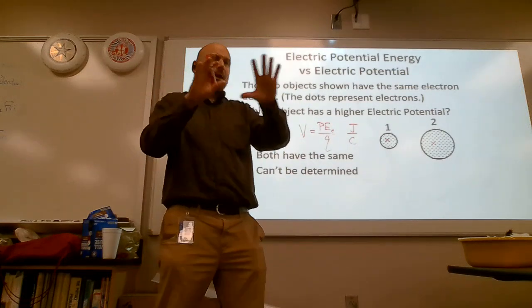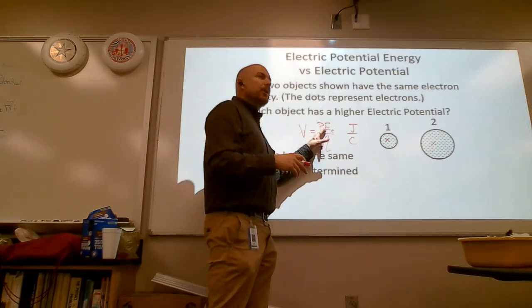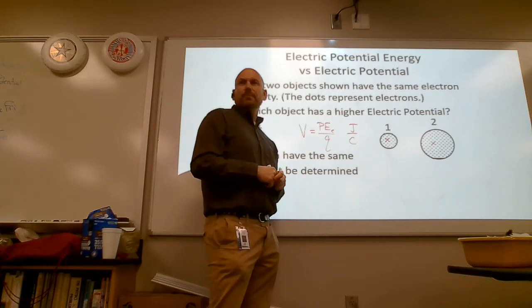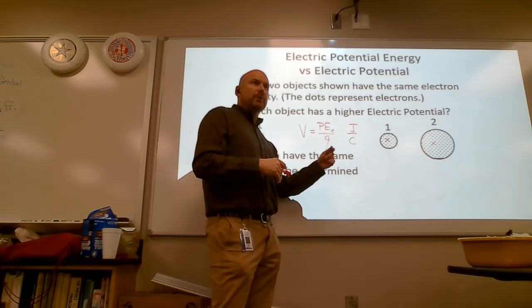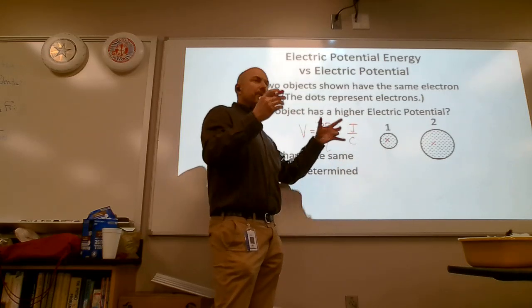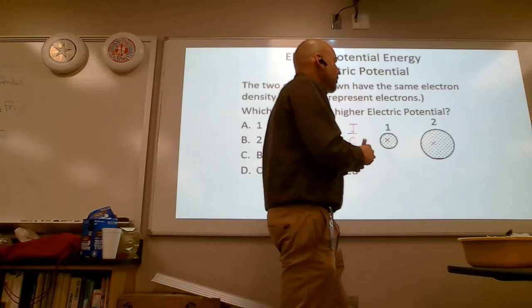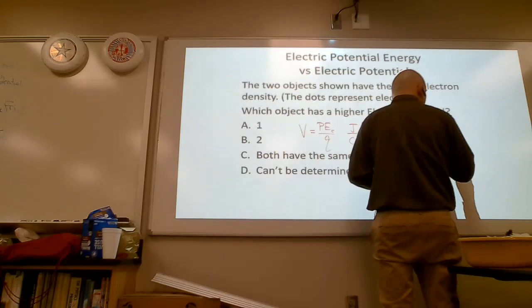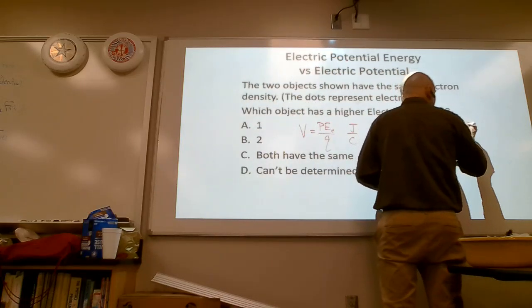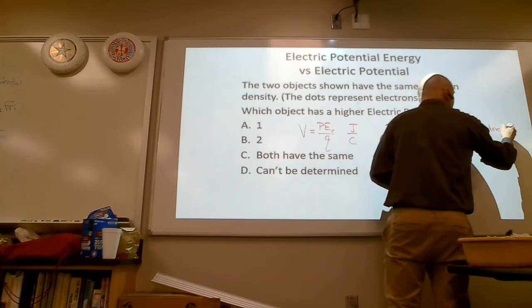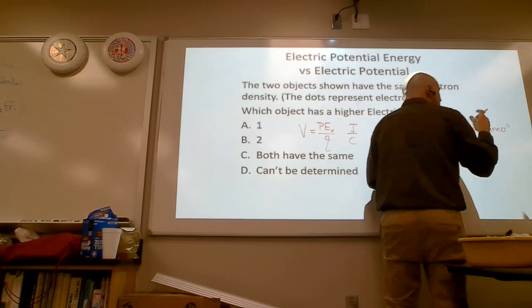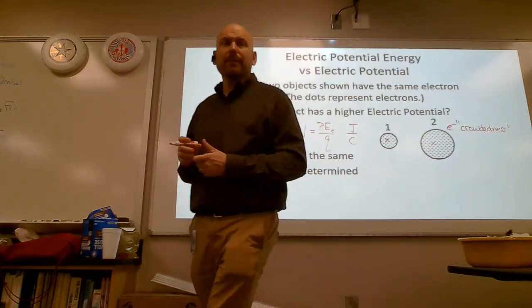So taking away the analogy, it's how much energy there is per electron, rather than per coulomb, which is a large quantity of electrons. It's how much energy there is per electron. And how do you know that from this? You're looking at the electron crowdedness, how closely packed they are together.